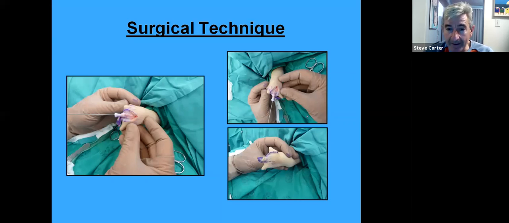You've got to do this operation at about a year of age. At a year of age, the survival of that phalanx and the growth plate is about 90% plus. As soon as you're over 2 years, the survival rapidly drops off to about 50%. So you've got to get in early with these kids.